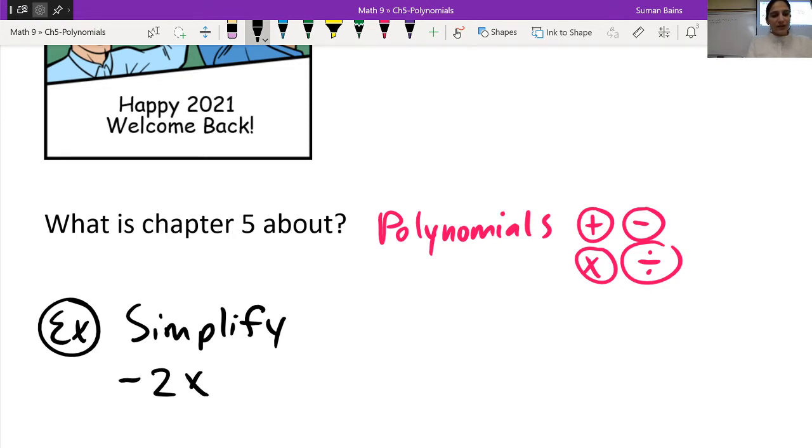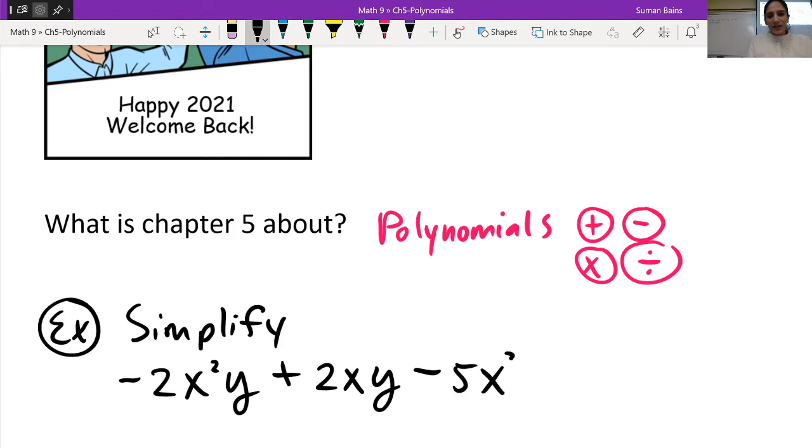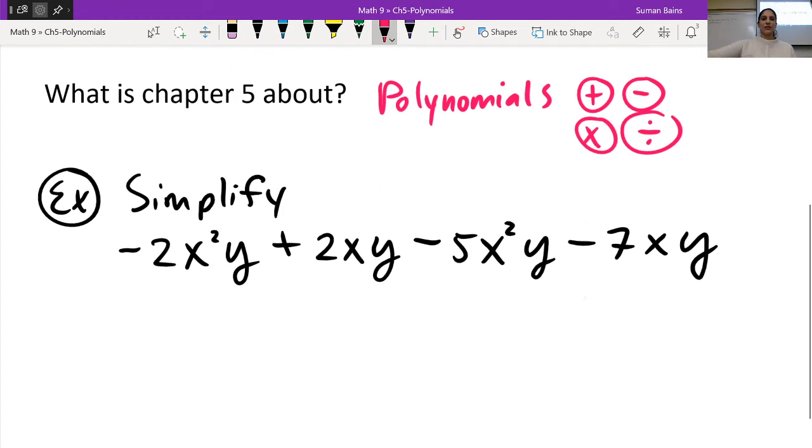Let's say we have negative 2x squared y plus 2xy minus 5x squared y minus 7xy. If it says simplify, what are you expected to do with this? I'm going to give you a minute. Please do try this on your own, and then we will run through it together.